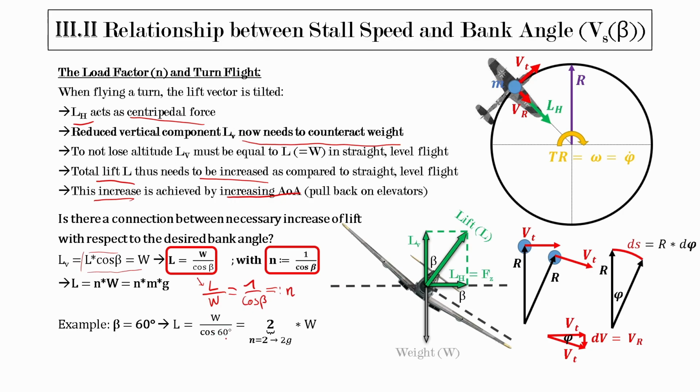Cosine of 60 degrees is 1/2. Now if we do weight over 1/2, that obviously equals 2 times weight. Alright, so we need to double the lift at 60 degrees bank compared to straight flight to maintain altitude. And this is very significant.